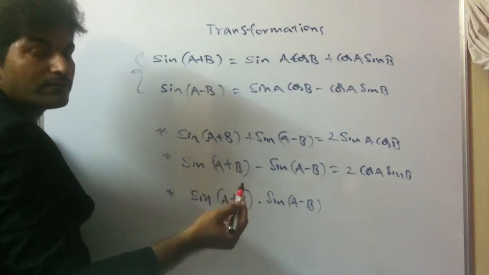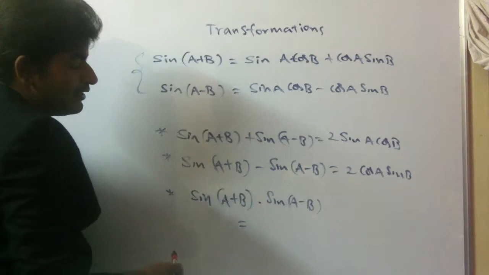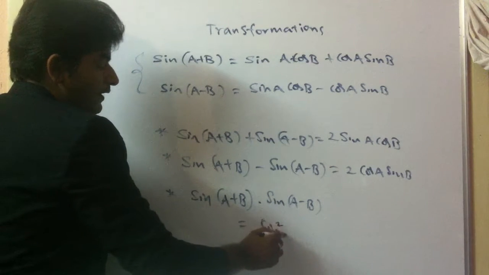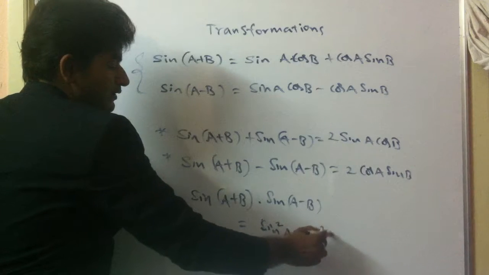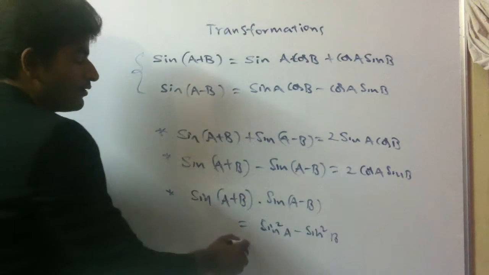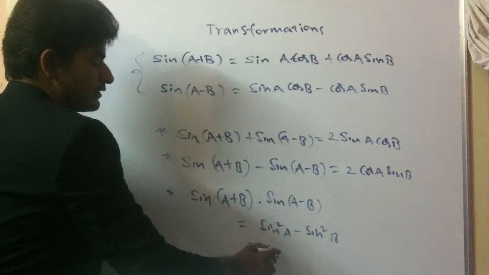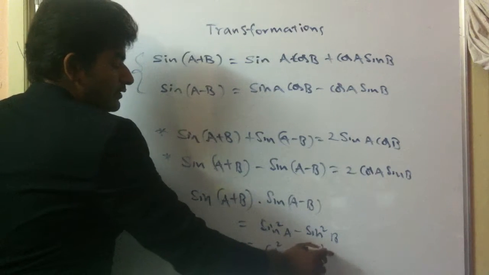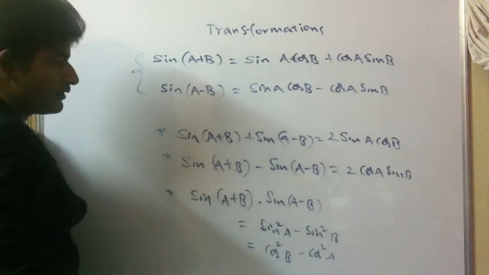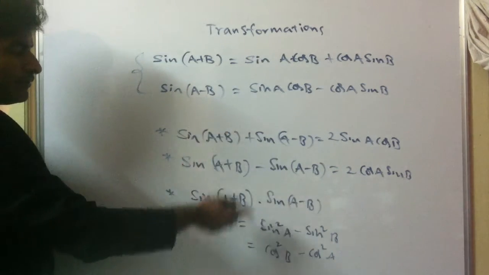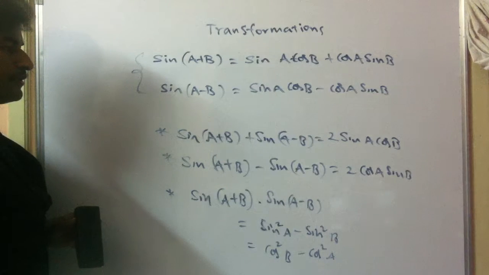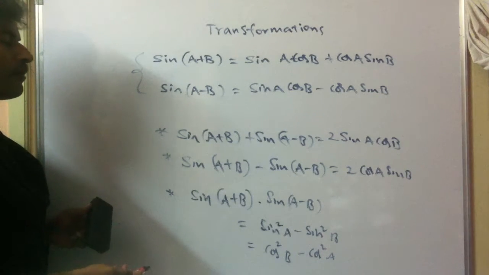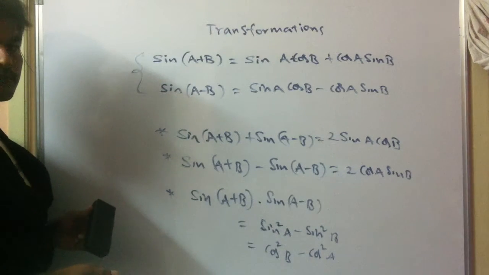After some simplification, you will get sine square a minus sine square b, or in terms of cos, cos square b minus cos square a.